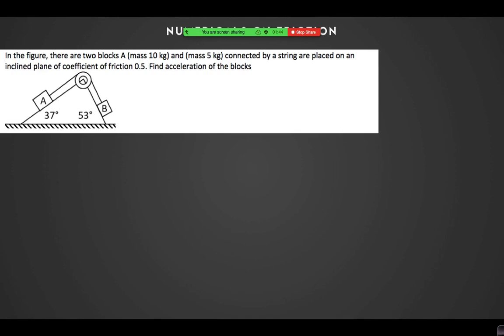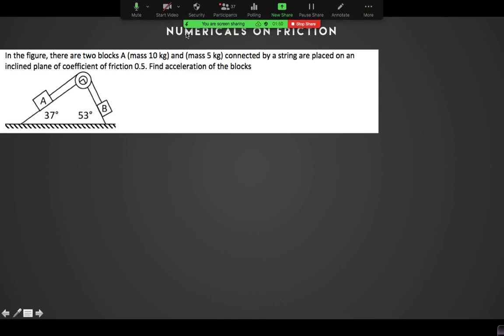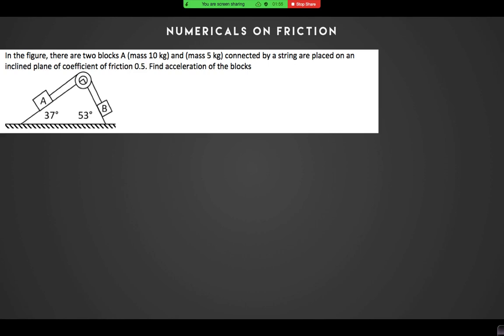You can see that in this question the blocks will not move, and we have got a tension that lies in a range. Do you remember that particular question? Yes, and we did one more question like that, where we got a range of the tension.